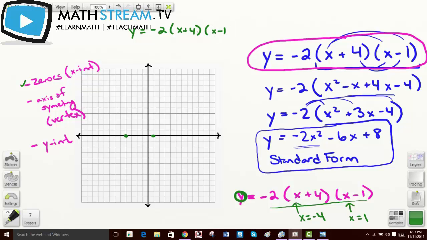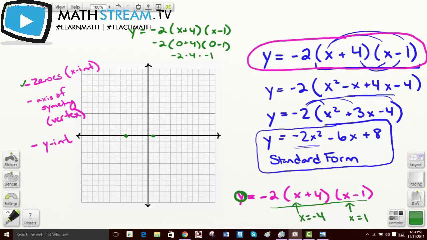Let's find out what the y-intercept is by making x 0. So -2 times 0 plus 4, that's just 4, and 0 minus 1 is just -1. So we get -2 times 4 times -1, which will give us a value of +8. -2 times 4 would be -8, but times -1 will be +8.